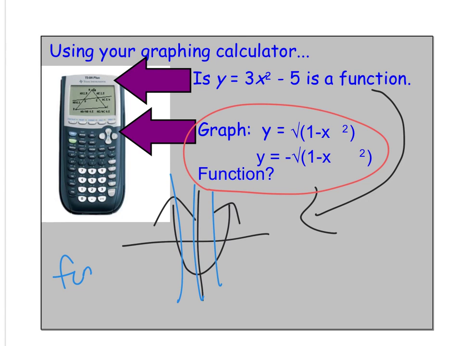All right, this one, if I throw this in here, so let me take a look at this. So if I go square root of 1 minus x squared, and then if I go negative, that same thing.